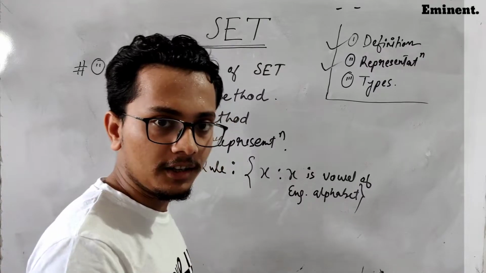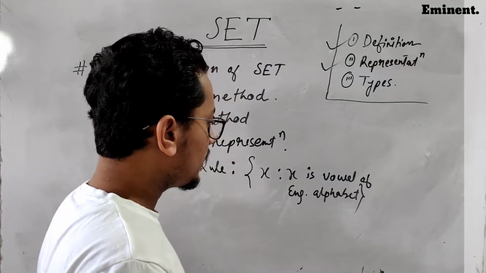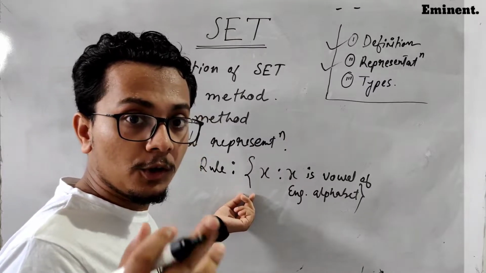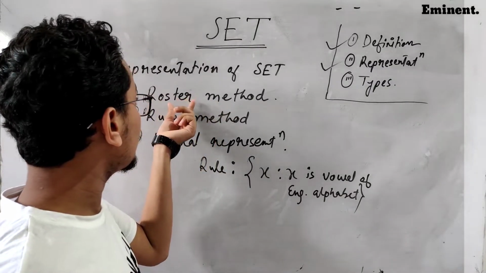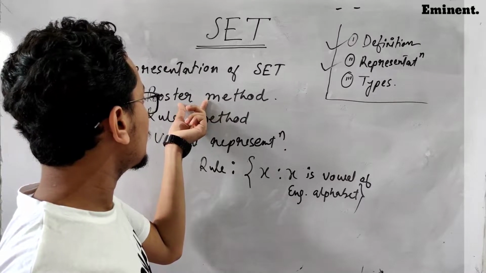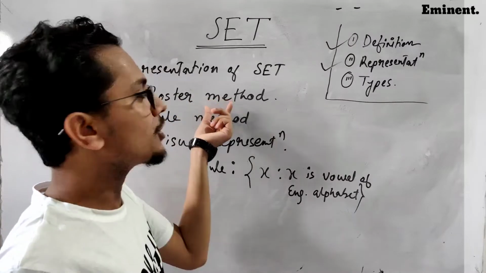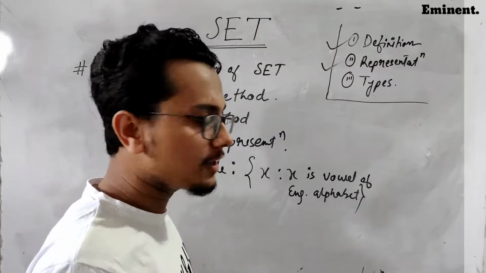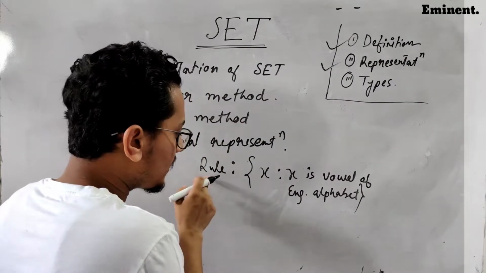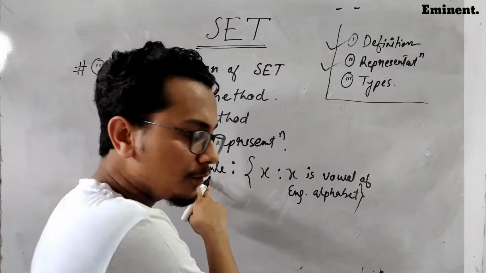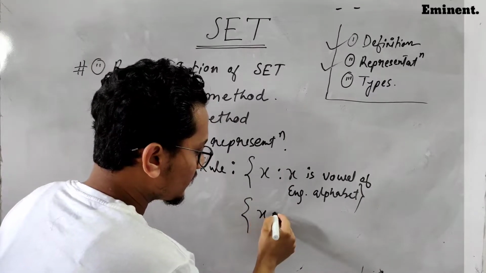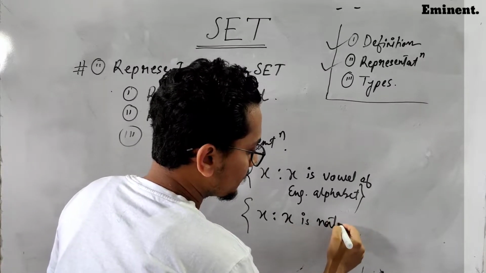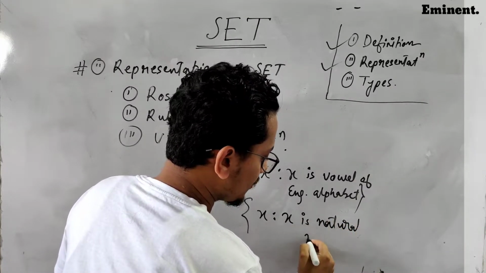Understood? Then for the example which I took again when doing the roster method, the set of natural numbers, how can you write it in the rule method? X such that X is a natural number.